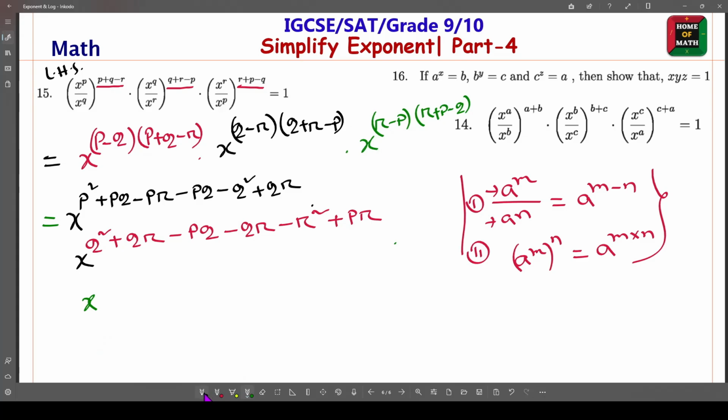So this one we can write r and r, it should be r square, then plus pr, now minus qr, then this is minus, so minus pr minus p square, and minus plus pq.